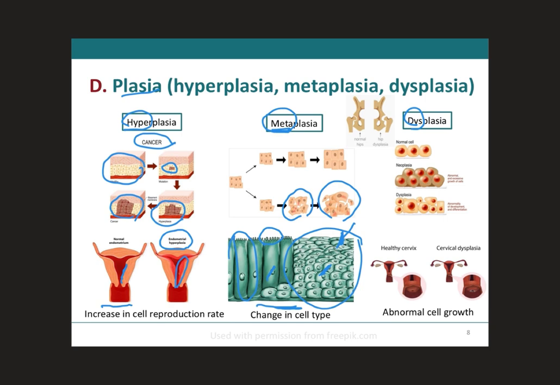Last, we're going to be talking about dysplasia. Dys, which is the prefix, means bad, painful, difficult, or abnormal. Therefore, dysplasia is a term that's used to describe the presence of abnormal cells within a tissue or an organ.